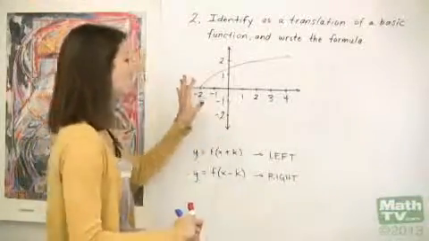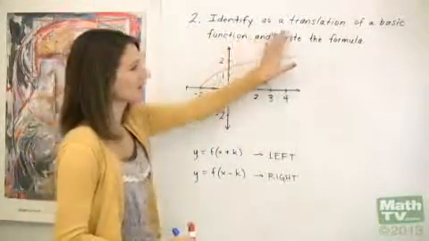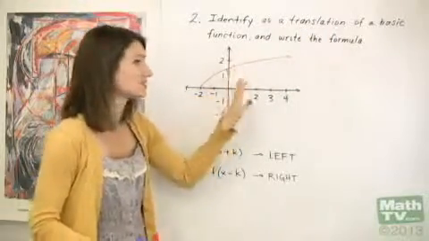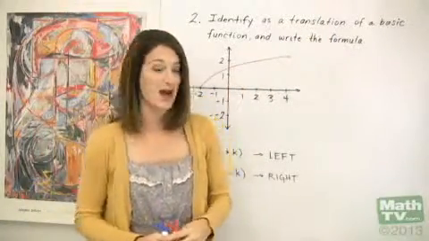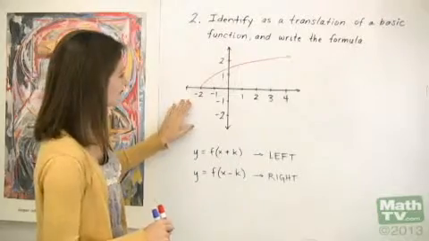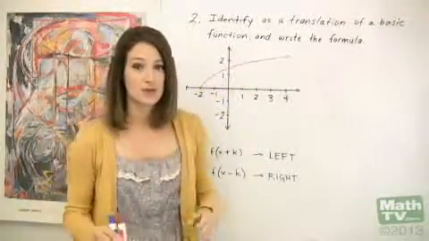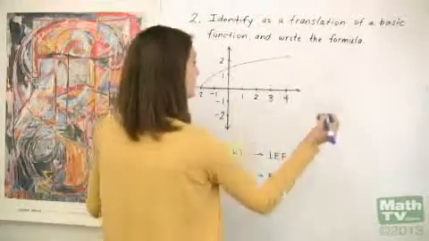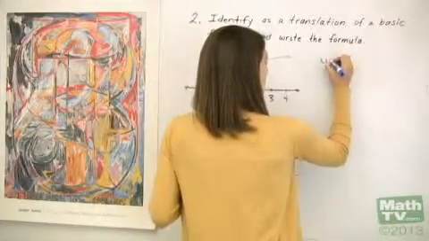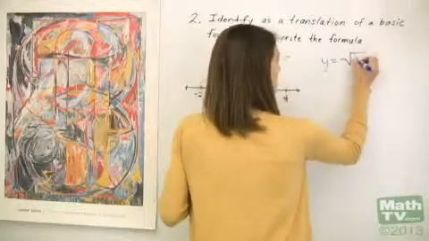In this problem, we're given a graph, and we're asked to identify it as a translation of a basic function and then write the formula for that graph. At first glance, we see that this red graph looks very similar to the basic graph for a radical function, which is y is equal to the square root of x.